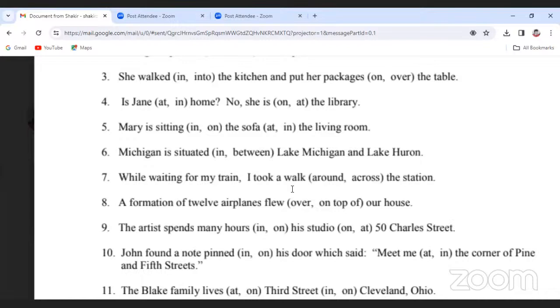Who would like to give it a try? Yes, over is the correct answer. A formation of 12 aeroplanes flew over our house. Number 9. The artist spends many hours dash his studio dash 50 Charles Street.